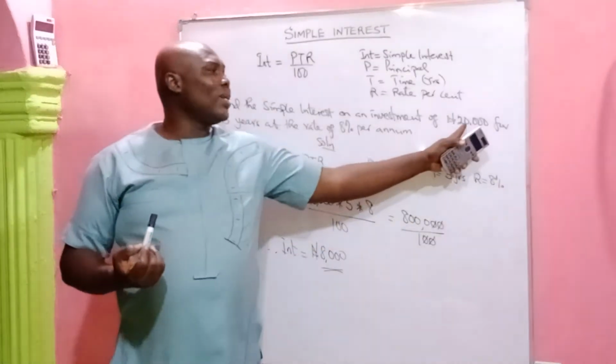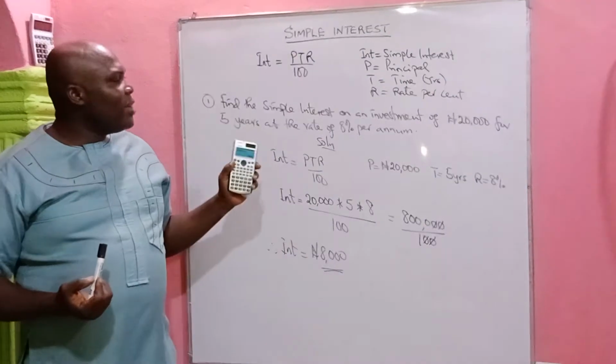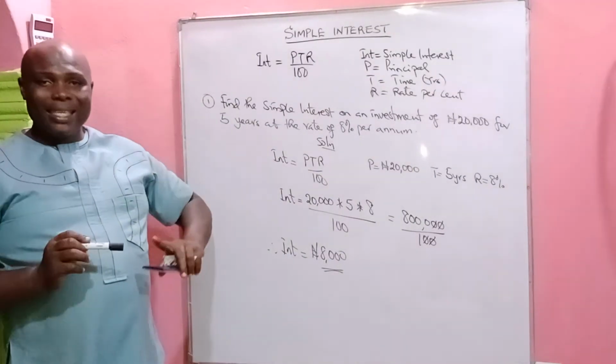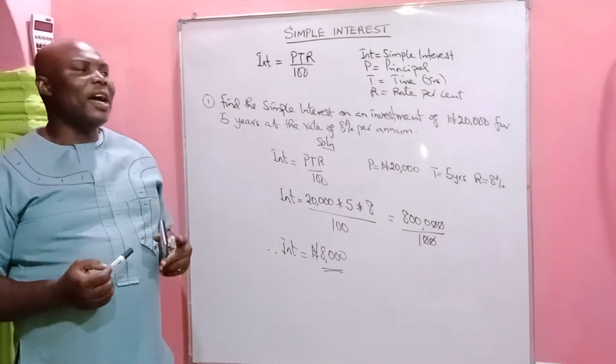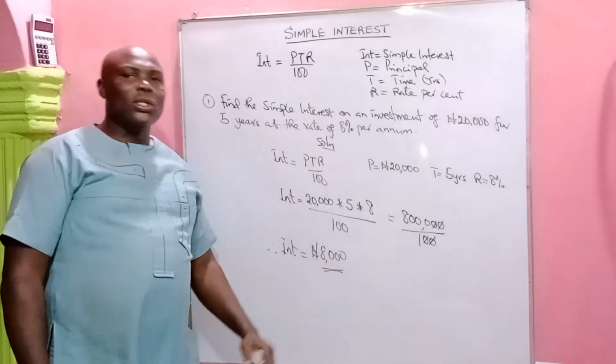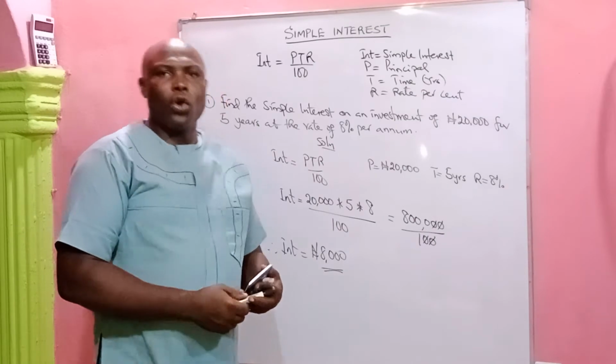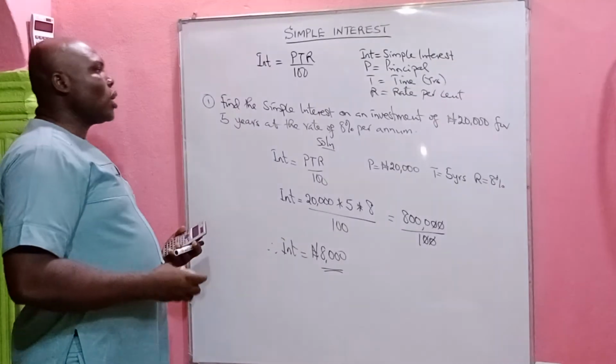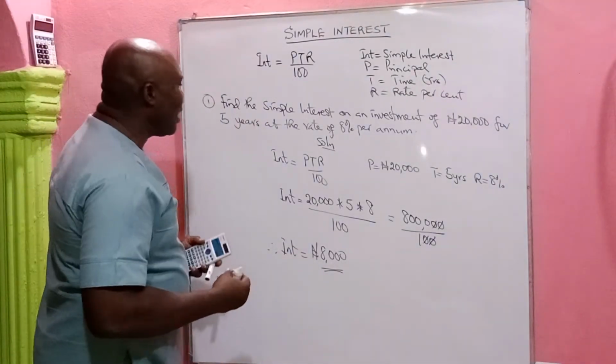It means if you use 20,000 naira for 5 years at 8% per annum on simple interest basis, at the end of the 5 years, you are cashing out 28,000 naira, where your 8,000 naira is the interest added on your investment. Okay, so let's try another one before we take principal and the rest.